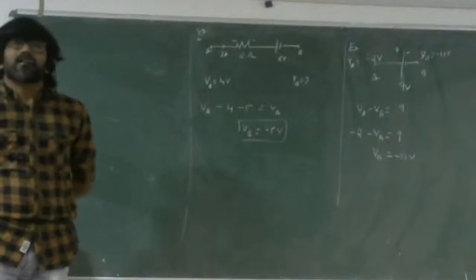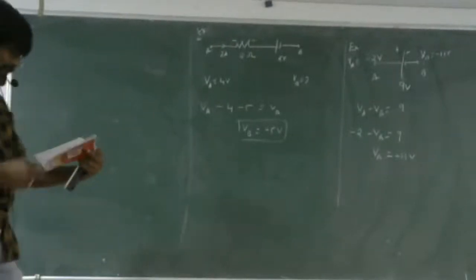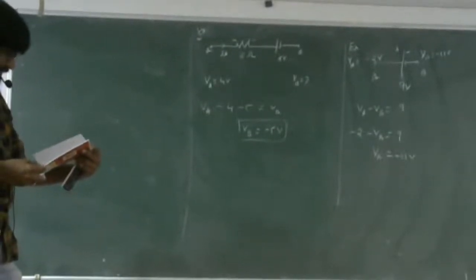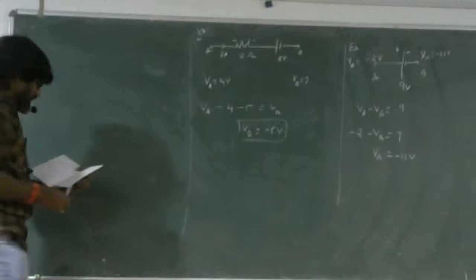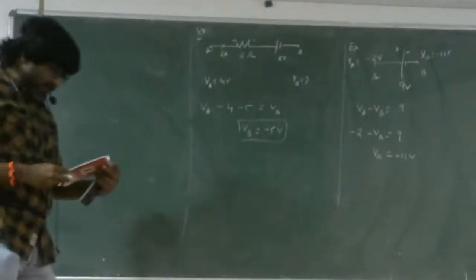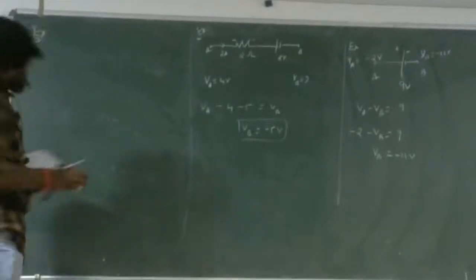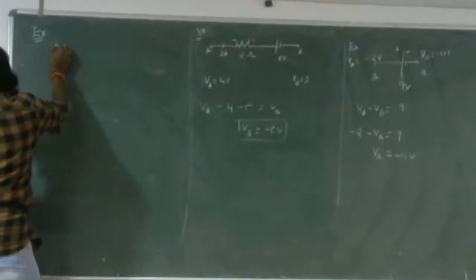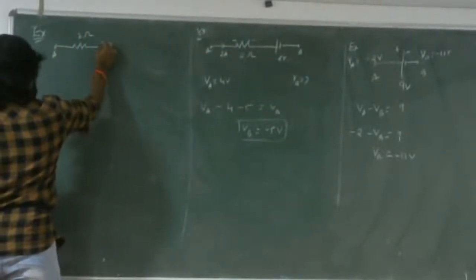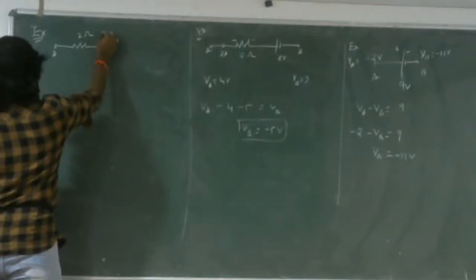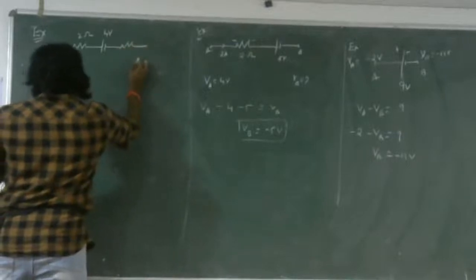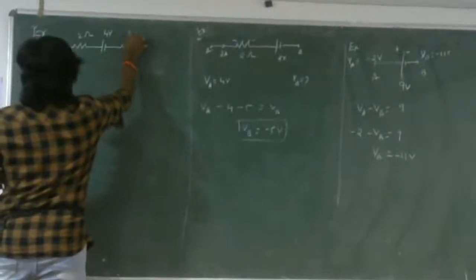Look. So next, note down another example. See, there is a point A. Here, a resistor of resistance 2 ohm is connected to a cell of potential difference 4 volts, connected to another resistor of resistance 2 ohm only.